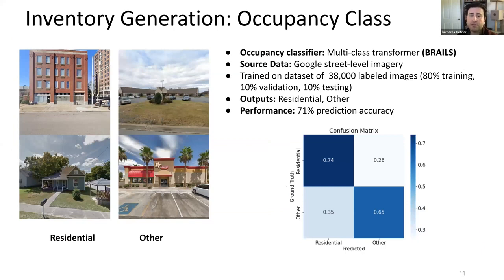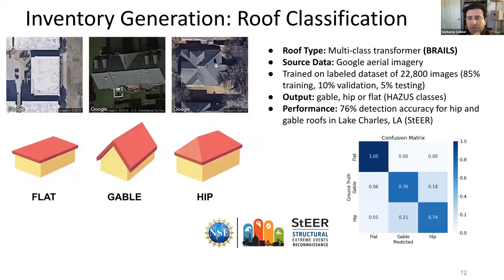We do have another model that's able to predict the occupancy of buildings. Right now, it's at about 71% prediction accuracy. And this is work in progress, just another approach. We do have a roof classification model.